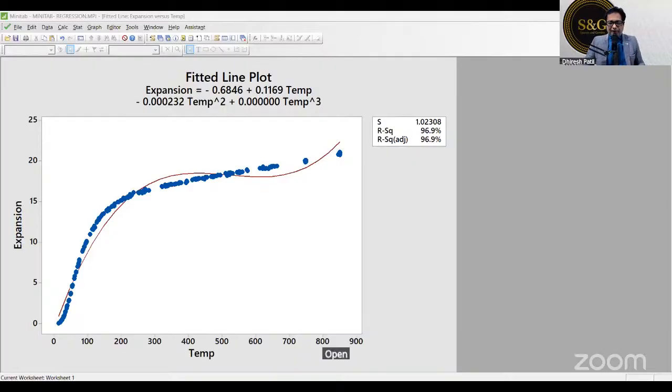Open this file of matrix plot, and meanwhile, as you are opening that, let me explain you this file. Open. It is called as stamping matrix plot.